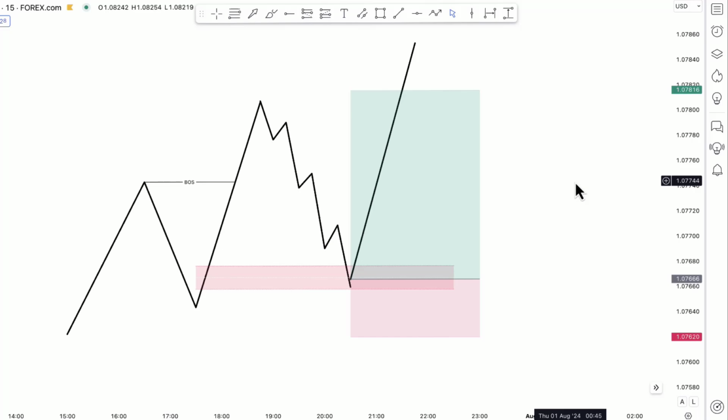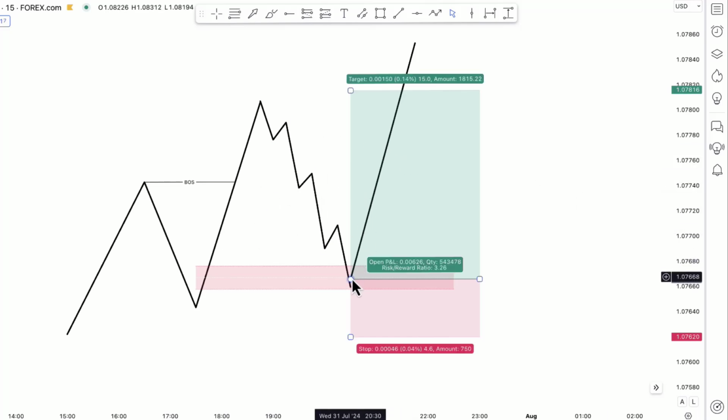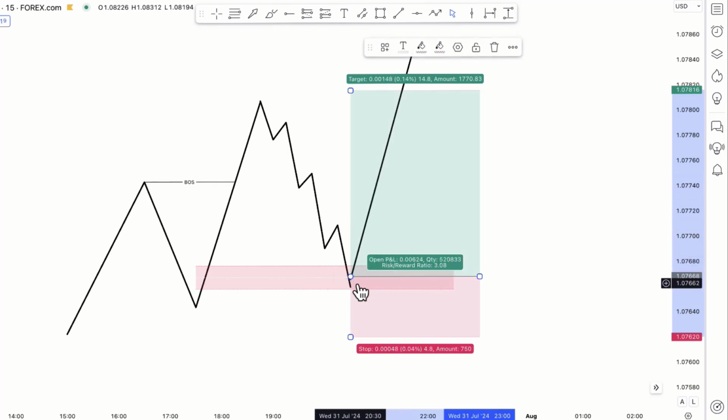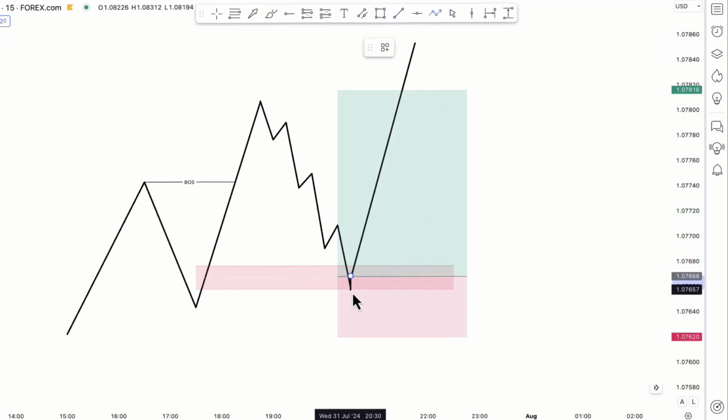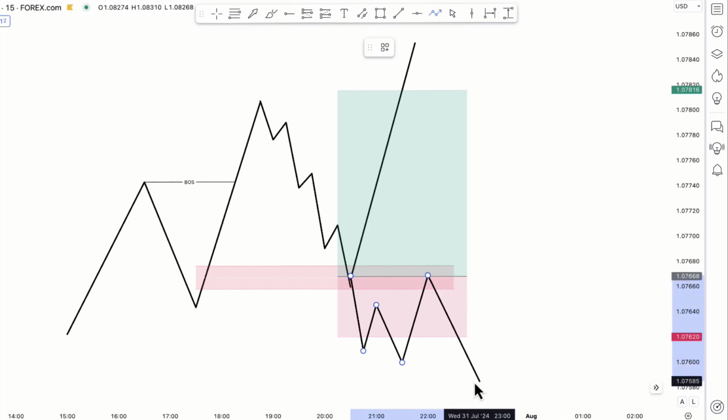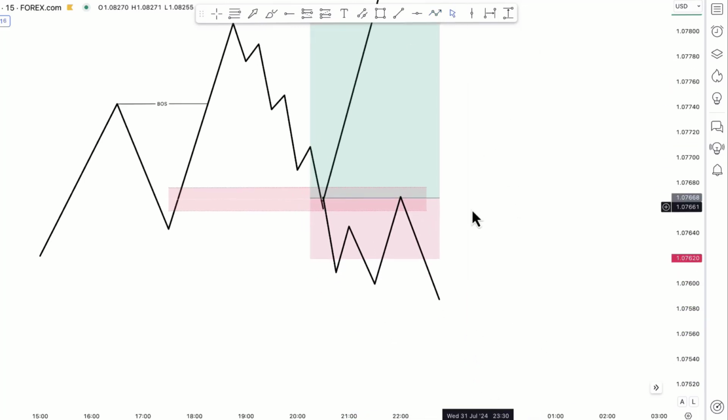In a situation where this refuses to happen, what I mean is that where this fair value gap could not stop price from moving downward, and price violated this fair value gap and went all the way downward, coming like this. If price is coming back, we could use this fair value gap as an entry level.